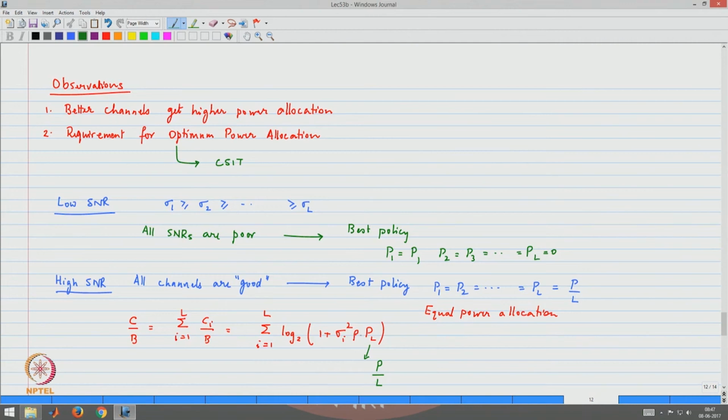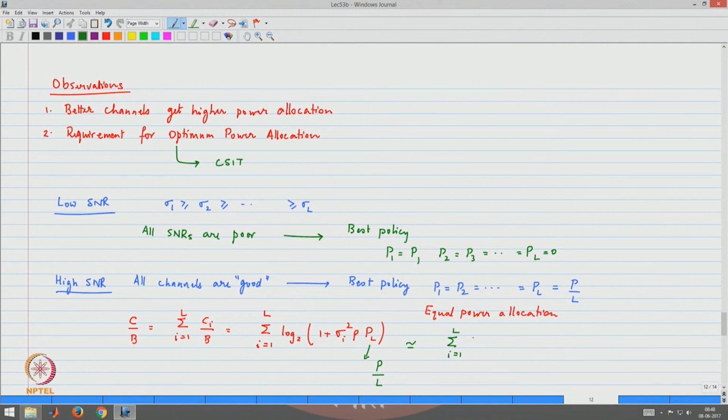So, this can be rewritten as summation i equal to 1 through L, going to write it in terms of the approximation. It is logarithm of 1 plus a quantity, but since we know that all these SNRs are high values, with respect to log of 1 plus the quantity, we write it as log of the quantity ignoring the 1.